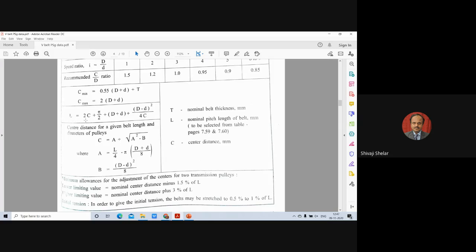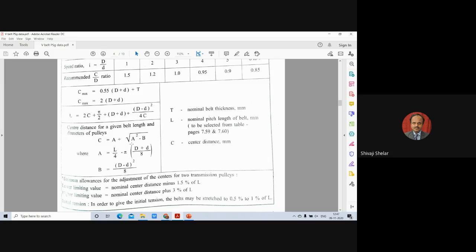So if you know the center distance, you can put it here. You know the pulley diameters, bigger pulley diameter and smaller pulley diameter, you can put them here and calculate the pitch length requirement. In this formula, L is the nominal pitch length of the belt and is to be selected from the table. If you are calculating the center distance, then you should know L, capital D and small d, and then you can calculate the center distance by this formula.